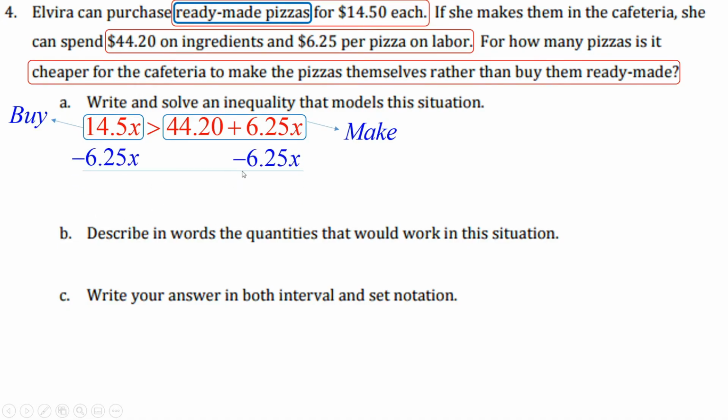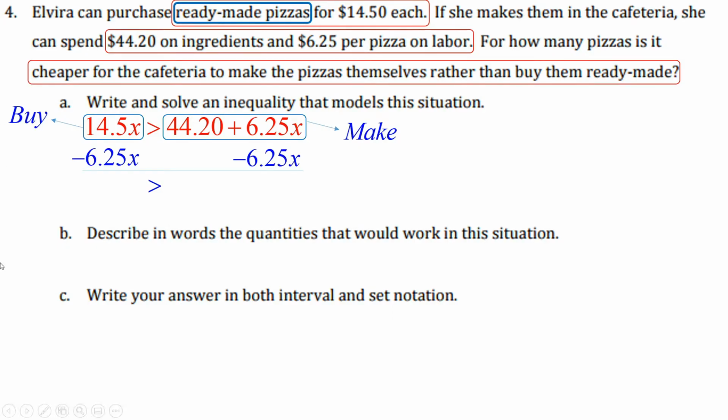So first thing we're doing is getting rid of, and here's what's going on here. Look, I have 14.5 x's on the left and I have 6.25 pizzas or x's on the right. All right, so I'm going to get my x's on the same side. So let's bring down our greater than right here. And again, I'm going to get my calculator out. Yeah, I know you guys could do this in your head, but let's be really careful here. 14.5 minus 6.25, how many x's would that be?